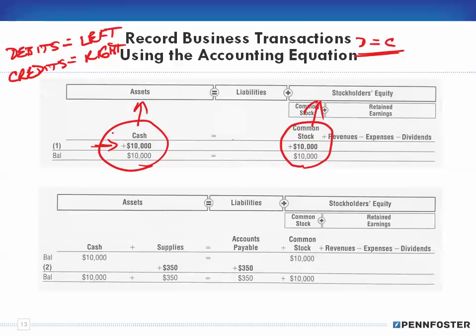Now, here's the thing that I want you to be able to think about here. See this equal sign right here? This is in the middle of the accounting equation. Assets equals liabilities plus equity. So the question is, what's on the left of the equal sign? What's on the left of the equal sign is an asset.